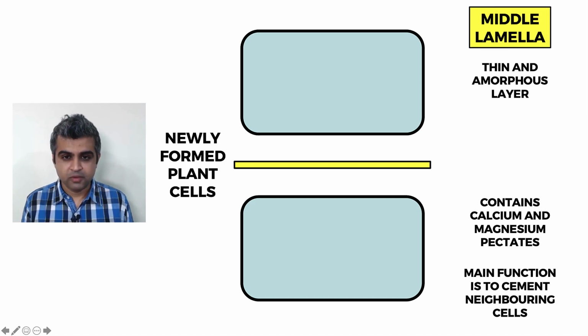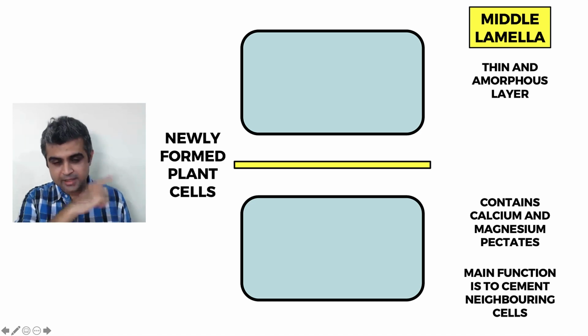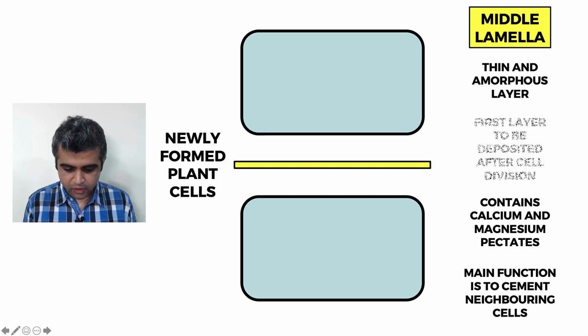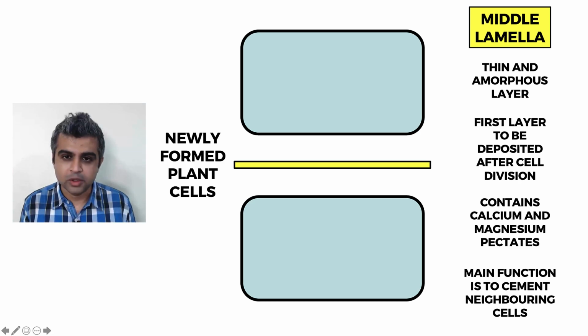So I hope you have understood the concept of what is a middle lamella. So it is in between these two cells, and because it is a sheet, it will be called middle lamella. Please remember that the first component of the cell wall to be made when a plant cell is divided is going to be the middle lamella.